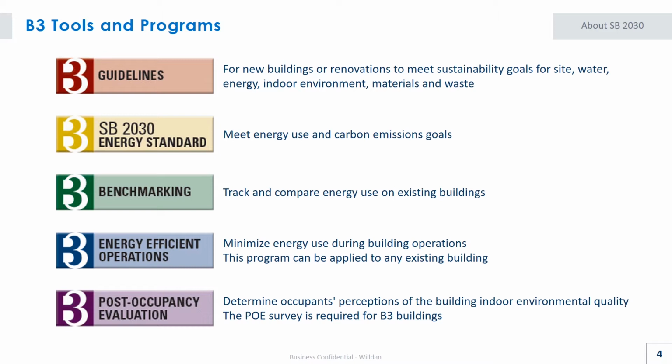And then finally, the B3 post-occupancy evaluation, which is used to determine the occupant perceptions of the building so that we can fine-tune how we design these buildings and create better spaces for those occupants. All of the B3 tools and programs are designed to be based on actual outcomes and measurable outcomes, not just principles or concepts. So we try to do a lot of tracking. What is the outcome? How is this actually playing out in the field?